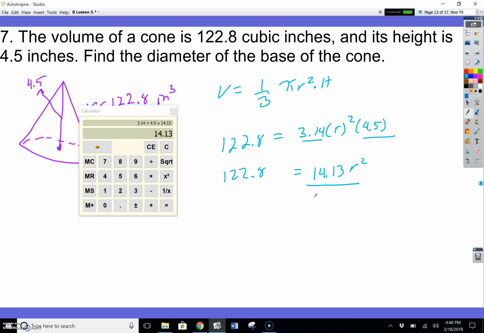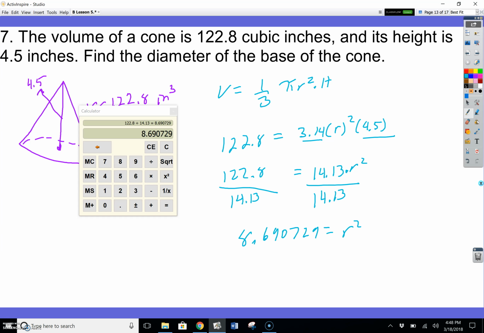R squared is equal to 122.8. Next, this is multiplication, so in order to separate that, I'm going to divide both sides by 14.13. We're going to take 122 and 8/10 and divide that by 14 and 13/100. This gives me 8.690729 equals r squared.